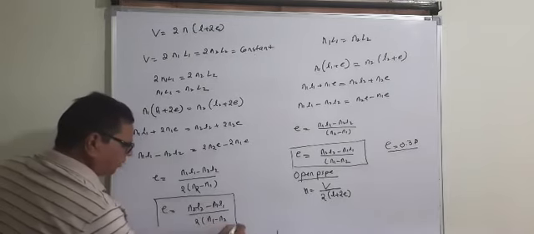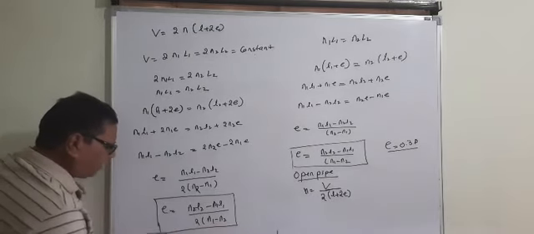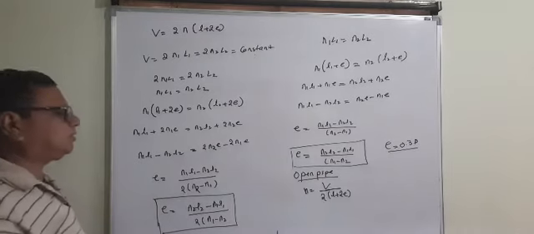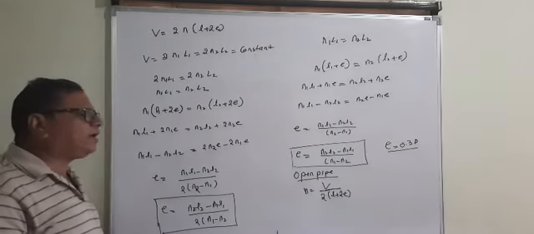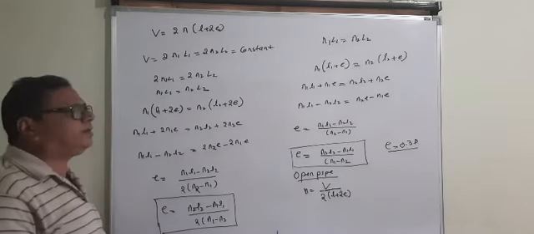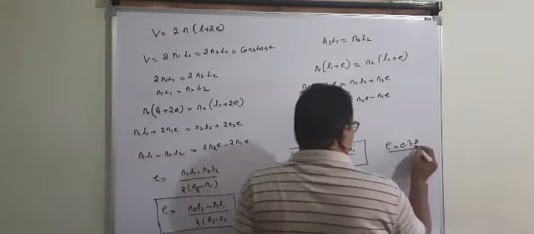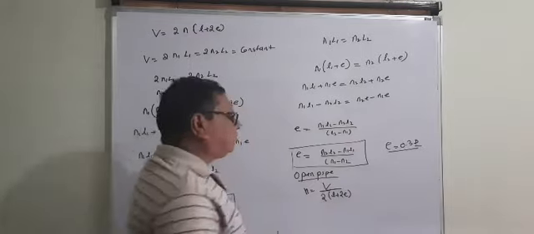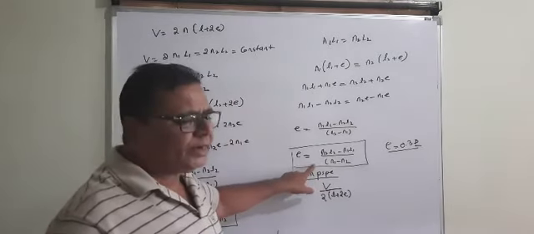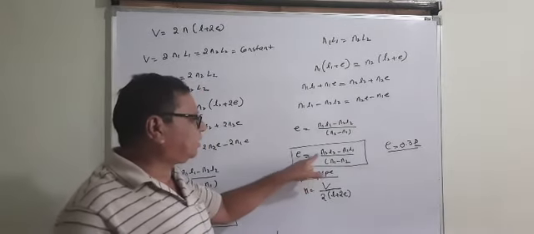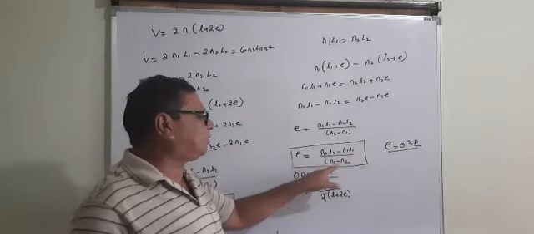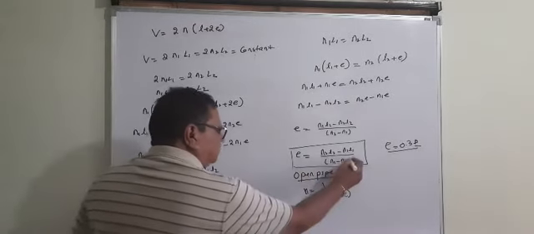So by this expression we can determine end correction practically without measuring the diameter of the tube. In the case of closed pipe, end correction can be determined by the expression E is equal to N2 L2 minus N1 L1 over N1 minus N2.